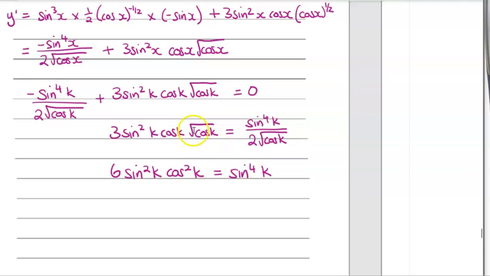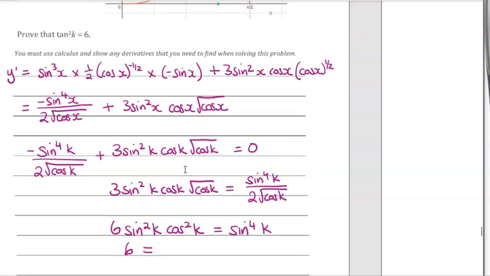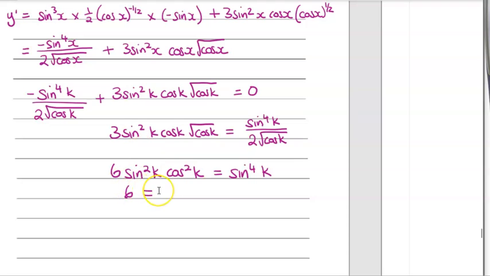That's because the root cos times the root cos here makes a regular cos, and then that got times by the cos, that makes the cos squared bit just here. Okay, so now in the question we were told to make tan squared k equals 6. I'm going to try to isolate the 6 and hope that it comes out to tan squared.